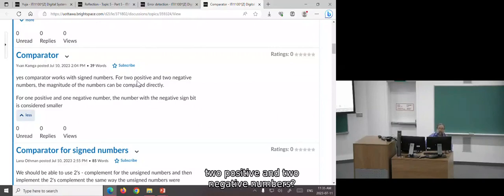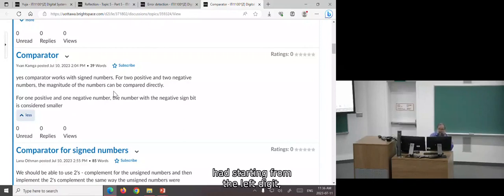For two positive and two negative numbers, the magnitude of the numbers can be compared directly. Very good, Ivan. At first, we think that no, because it should not work for negative numbers, but it works.